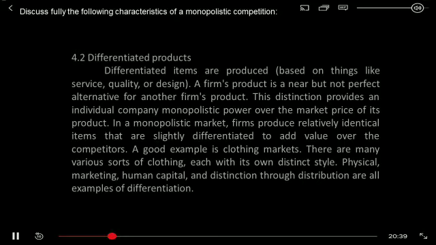In a monopolistic market, firms produce relatively identical items that are slightly differentiated to add value over the competitors. A good example is the clothing market. There are many various sorts of clothing, each with its own distinct style. The physical, marketing, human capital, and distinction through distribution are all examples of differentiation.